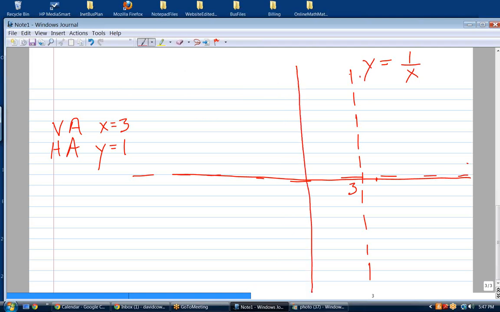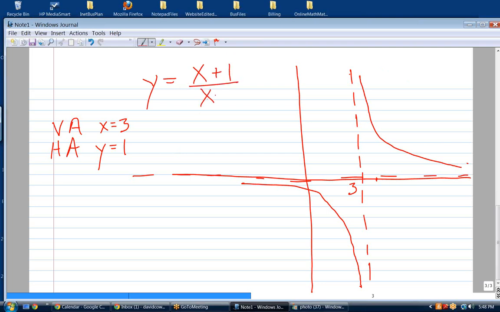Okay, here was the curve. What's the domain? This is y equals x plus 1 over x minus 3? Yeah. What's the domain from the graph?